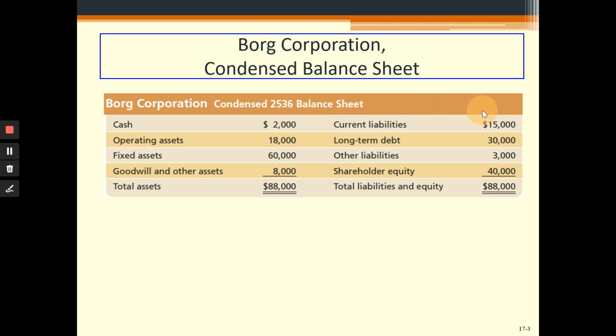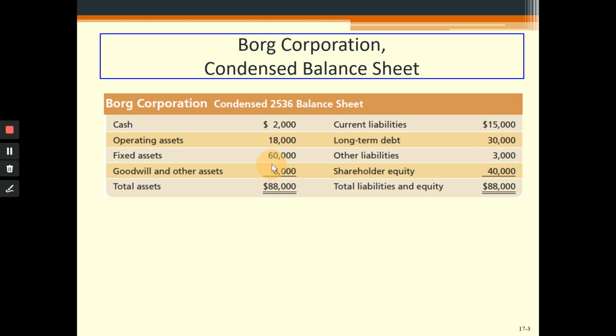We also have the condensed liability and equity side of the balance sheet. The good thing about generating this condensed version is that you have fewer items to see and figure out what the major category is where you have most of the assets or the liabilities.